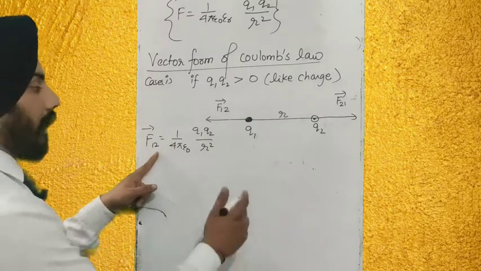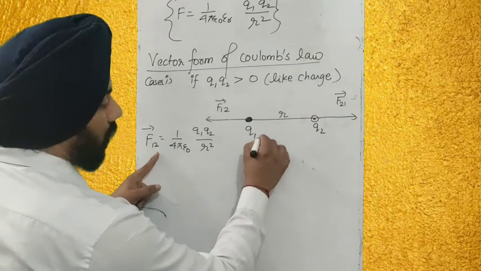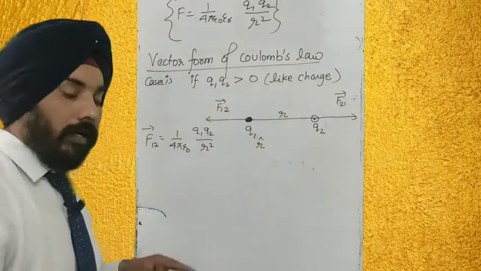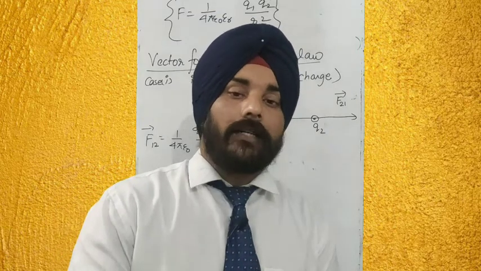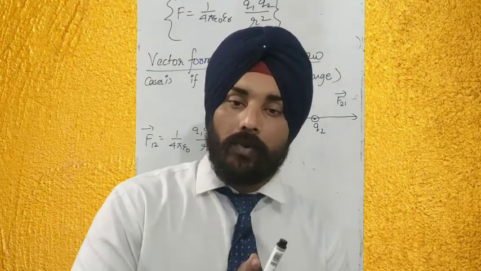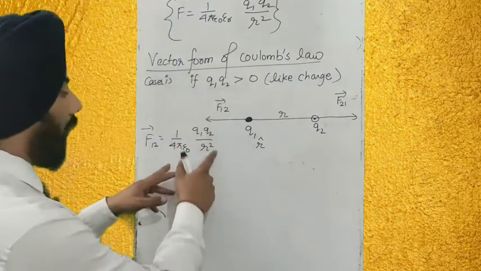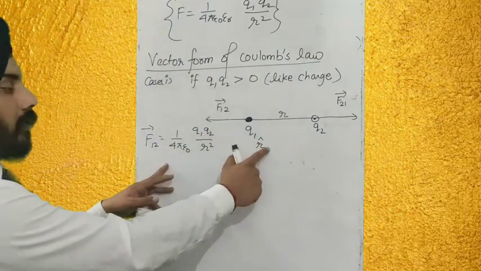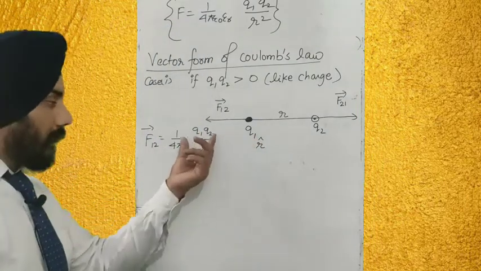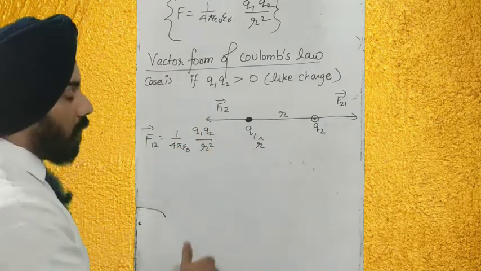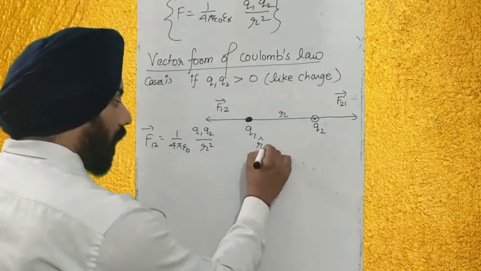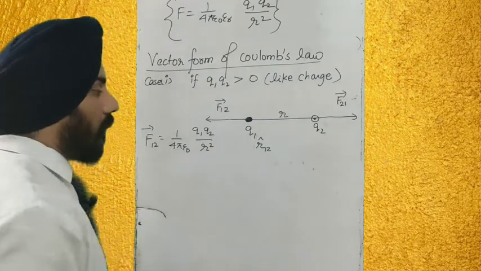Here we will take one more vector, that is called the unit vector. A unit vector has a certain direction, but its magnitude is equal to 1. So we will multiply the right hand side with the unit vector, so it will get a direction. What will be the unit vector there? Here we write R12.